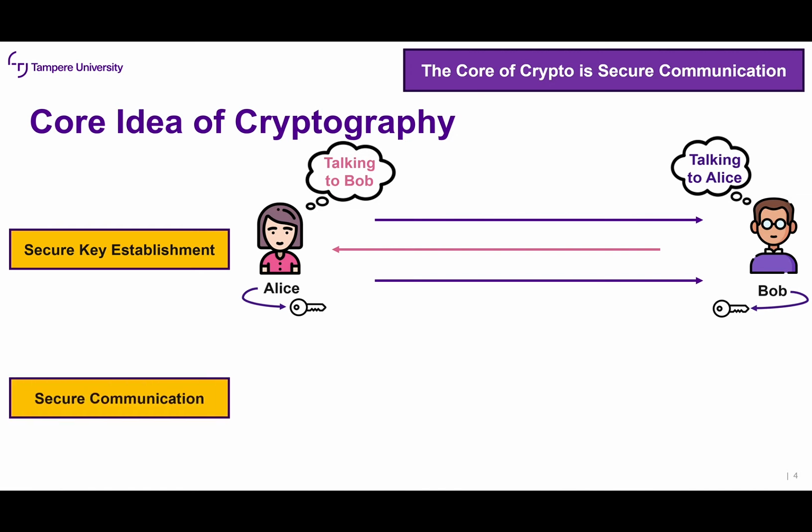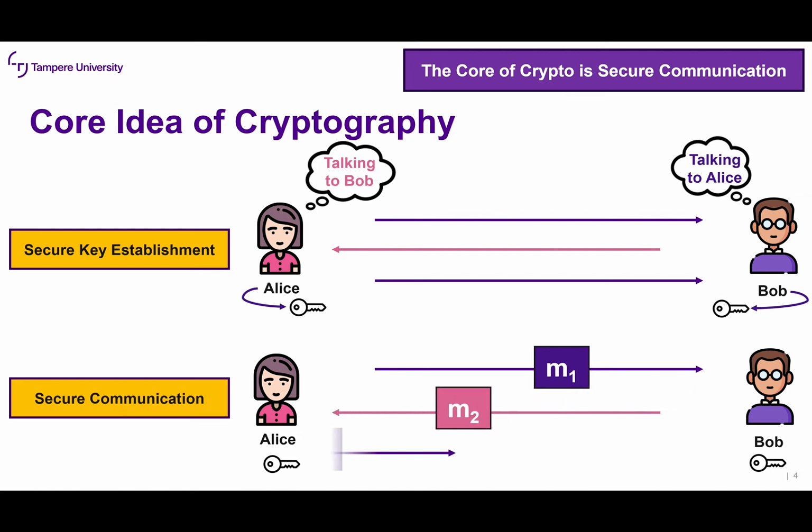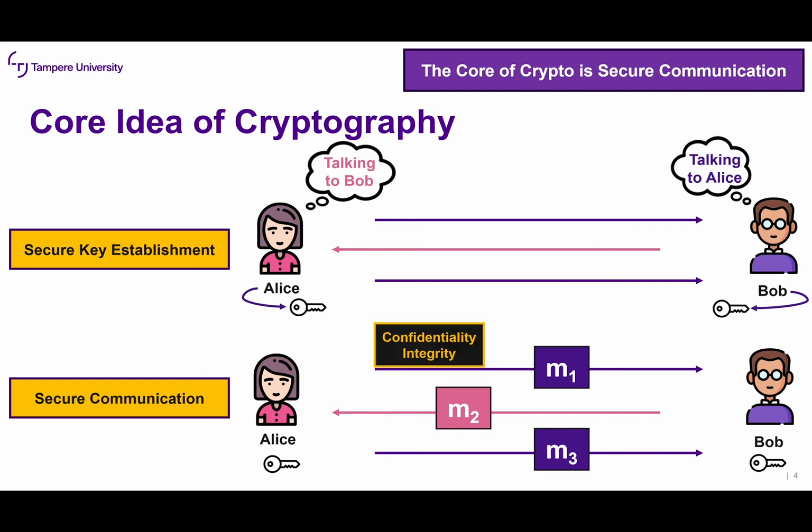Now the second phase is after they have established their encryption key securely and in a privacy preserving way, then basically Alice and Bob can start using the same key, the key that they have established, in order to exchange messages in a secure and privacy preserving way, which means that all these messages M1, M2, M3 will be encrypted by using the key that has been established in the first phase. Now, by doing this, Alice and Bob will be able to protect the confidentiality of their messages as well as the integrity of the messages, right?